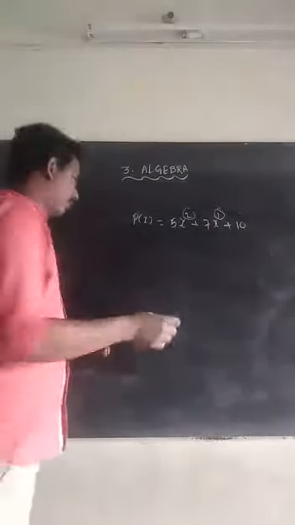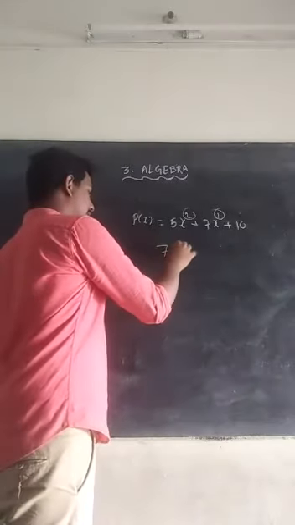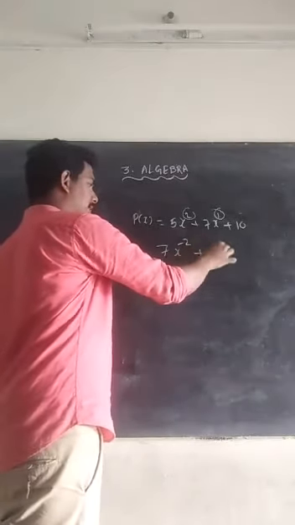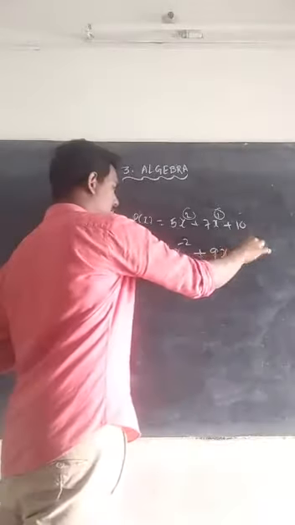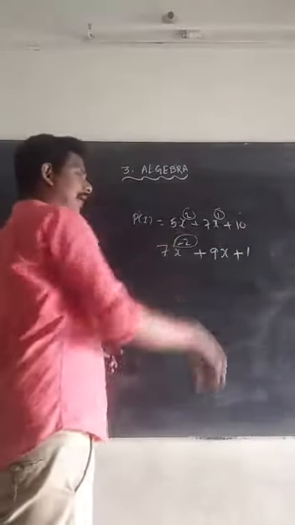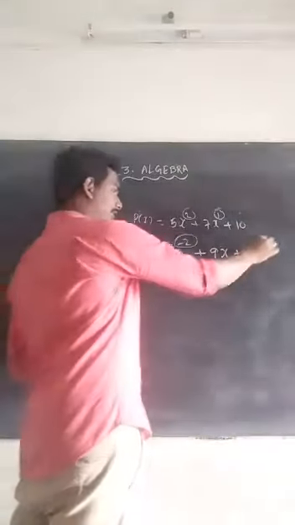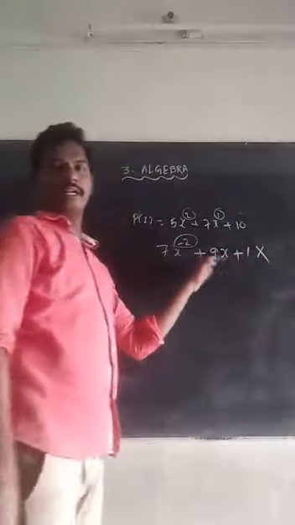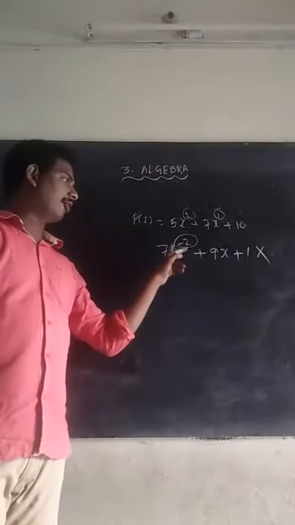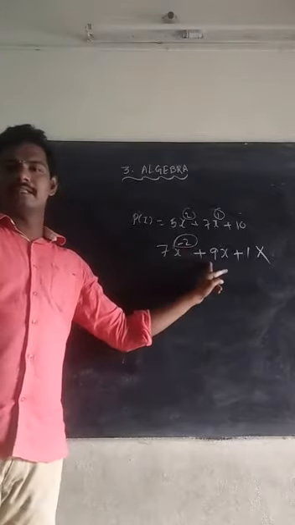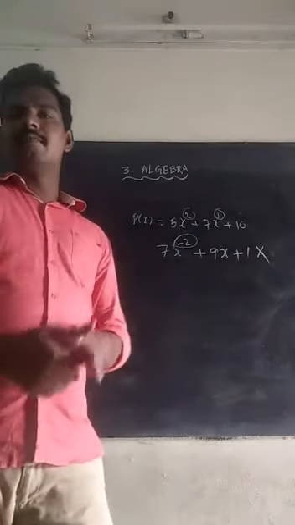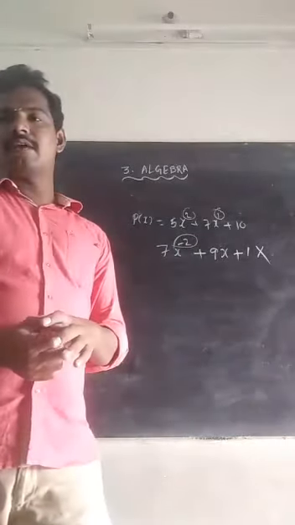In case if we have 7x power minus 2 plus 9x plus 1, see the power minus is there. So we can say it is not a polynomial. If we have power minus, we can say it is not a polynomial. Okay.